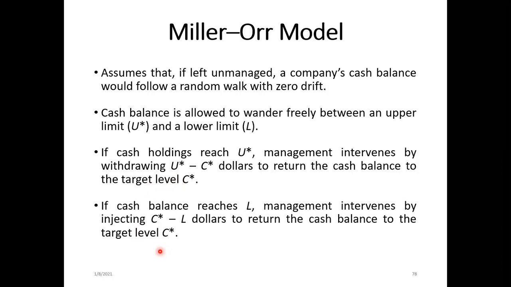So if the cash balance reaches the lower limit, management intervenes by injection. Injection means we convert the securities into cash. So the amount equal to the target balance minus the lower limit, to return the cash balance to the target balance C.